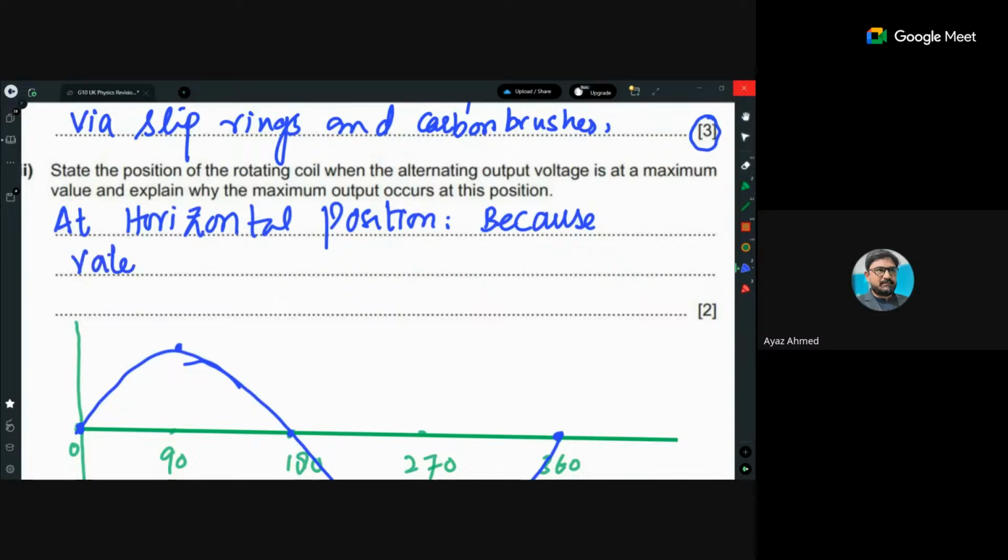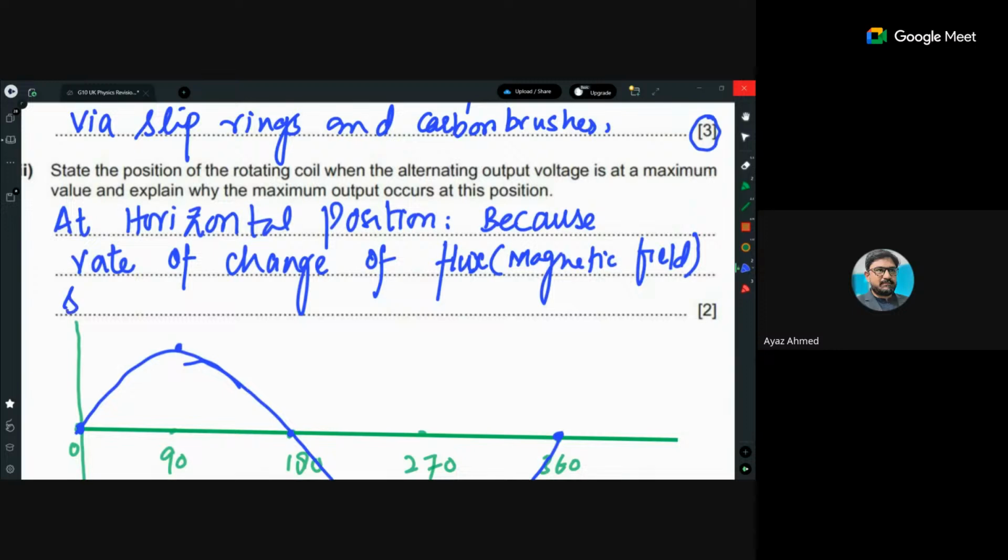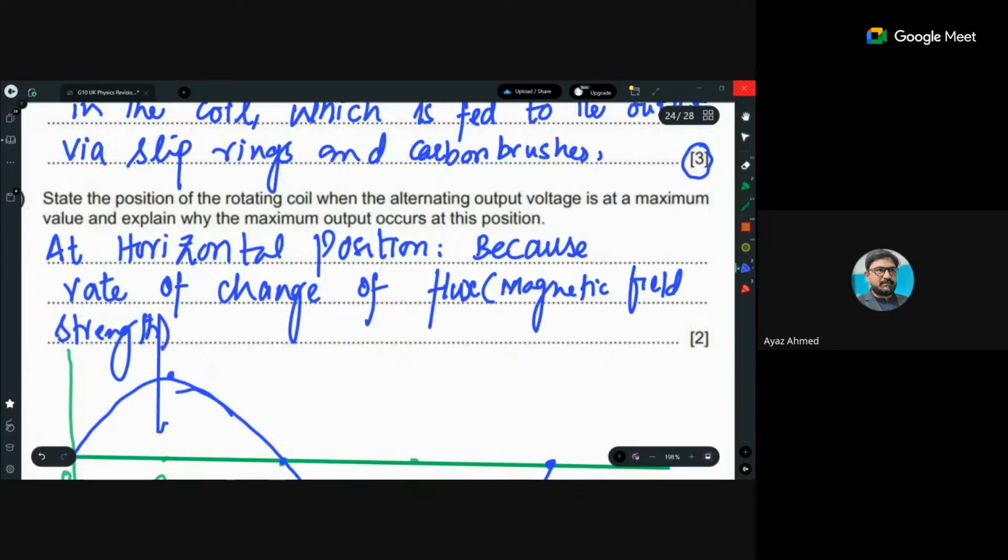I told you what flux means: magnetic field strength. What is rate of change of flux? Change in the strength of the magnetic field. The rate of change of magnetic field strength is maximum at the horizontal position. Is this clear to you? Do you understand the game?